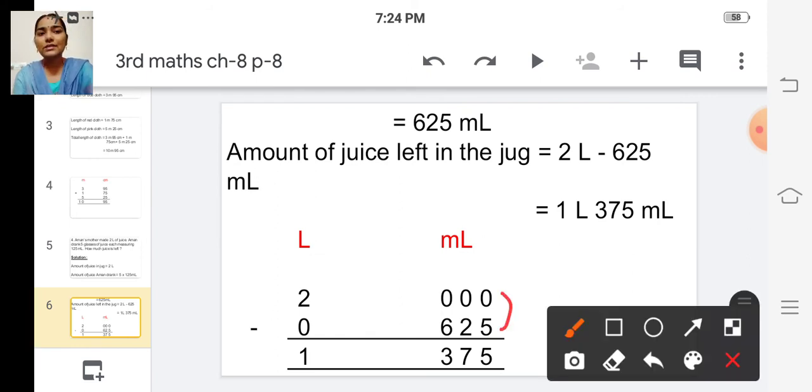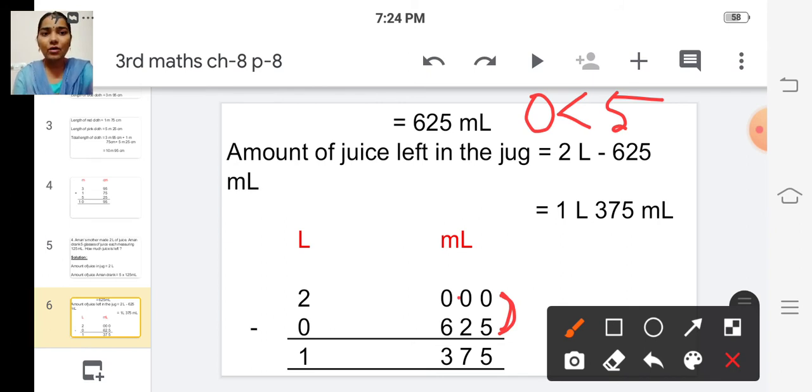So 0 minus 5. We have to start from the right hand side, right? First 0 minus 5. It is not possible, right? Because 0 is less than 5, so we cannot subtract. So what do we have to do? We have to borrow, right?